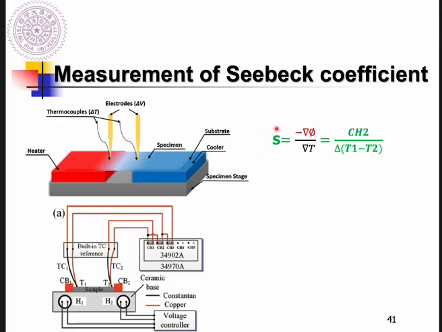Then we put a negative sign, so we get the Seebeck coefficient. The same idea if your material is bulk: you heat one side up and cool one side down. Then you can also measure the negative electrical potential gradient, and you get the Seebeck coefficient.